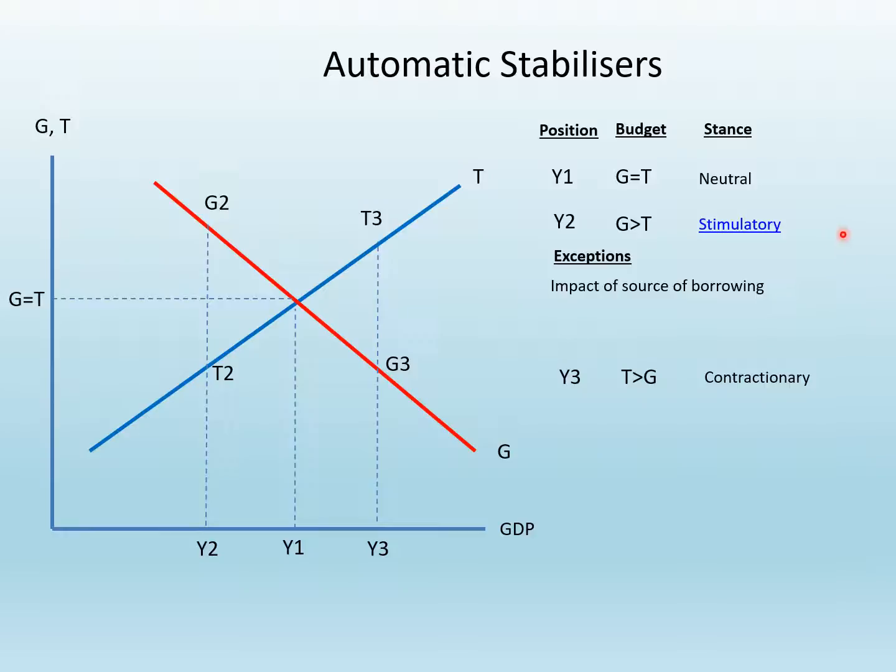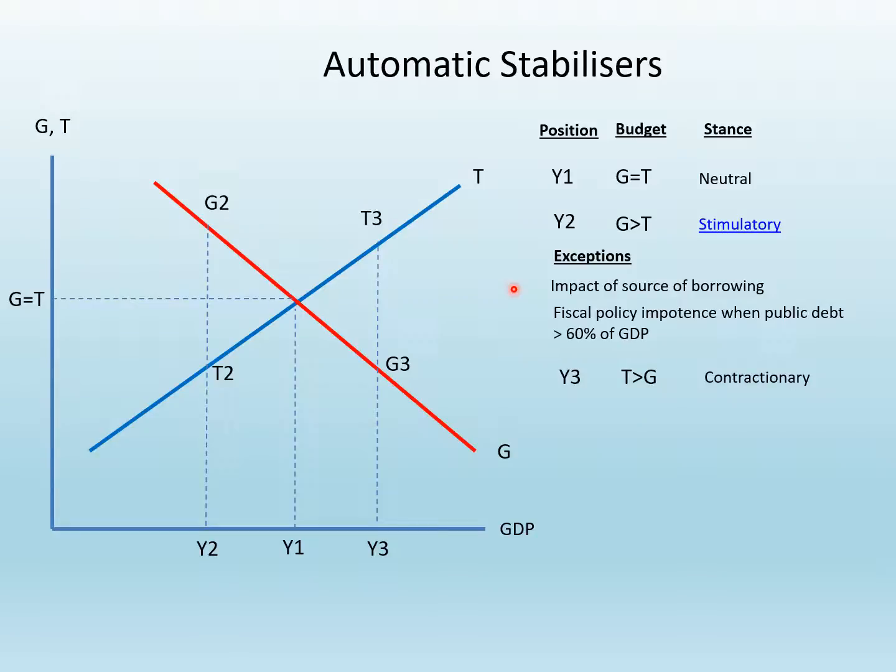So we're saying that the budget deficit is stimulatory because government expenditure exceeds taxes. But if this situation crowds out private investment, then any increase in government expenditure may, for example, be at the expense of a fall in private expenditure, and you may end up in a situation where it's not stimulatory. It may even be contractionary.